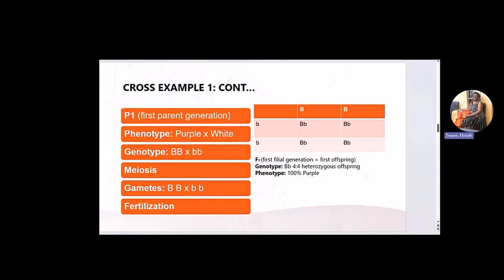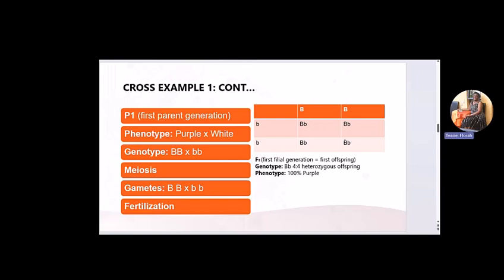Small letter b crossed by capital letter B is capital B, small letter b. Then you come down here, small letter b, crossed by capital letter B, it will be capital B, small letter b.